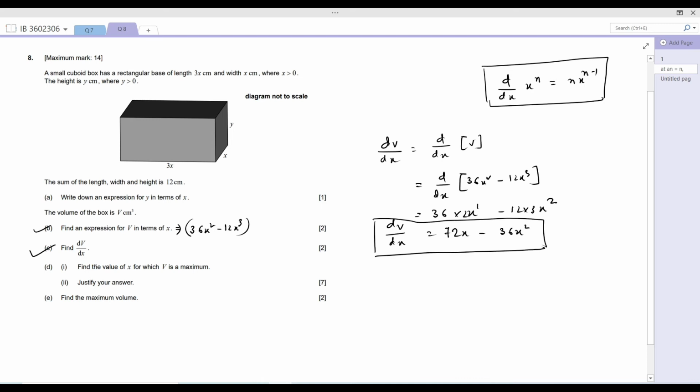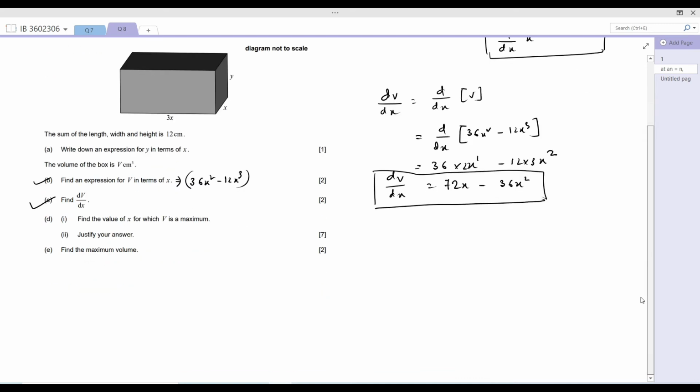Now this question is, find the value of x for which V is maximum. So basically we are trying to find the maximum of this equation. As I have discussed in some previous videos, to get the maximum or minimum value we need to calculate dV/dx, or V dash, and set it equal to 0.